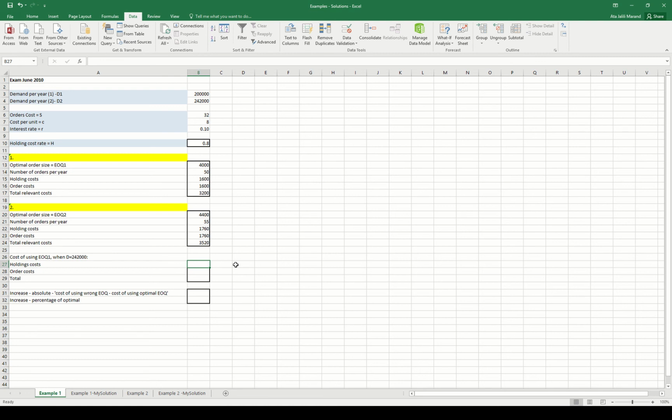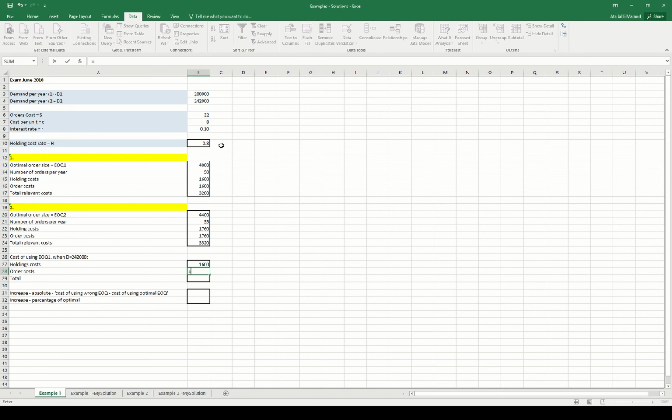So I'm going to do the calculations for the total costs, but this time with an order quantity equal to 4,000 for a demand equal to 242,000. So first I will start with the holding cost. We know the holding cost is simply the average inventory multiplied by the holding cost per unit of product per unit of time.